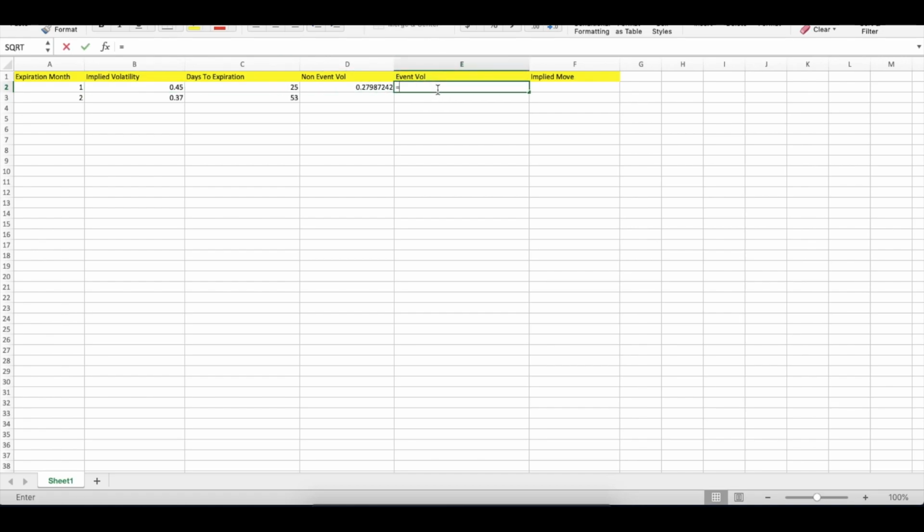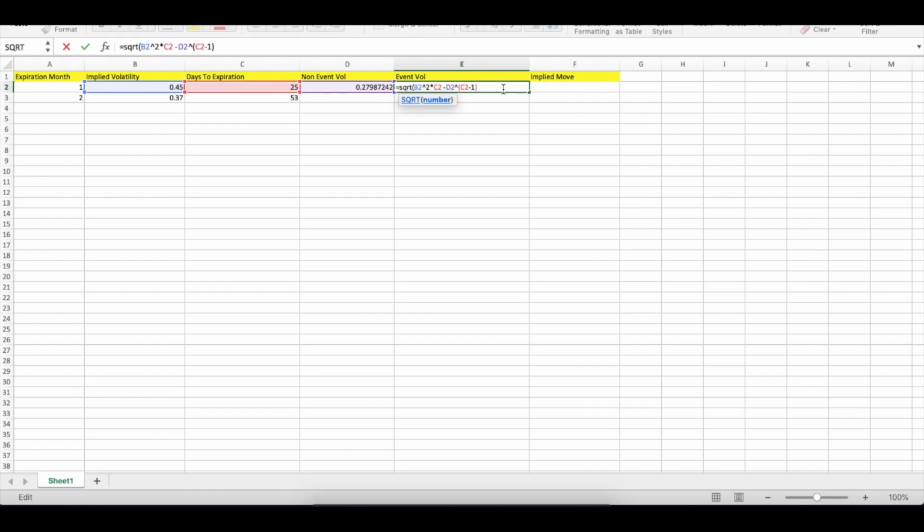So the formula here is going to be square root, and inside that we're going to have the implied volatility squared times the days until expiration, minus the non-event volatility times the days until expiration minus 1, right?